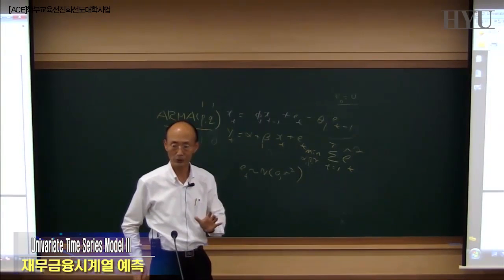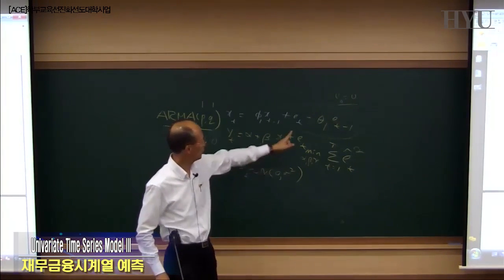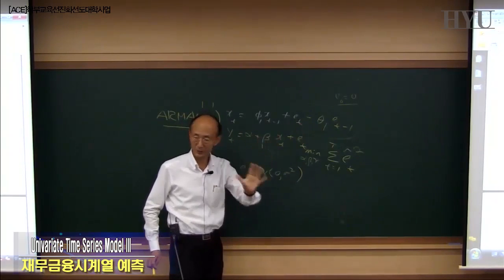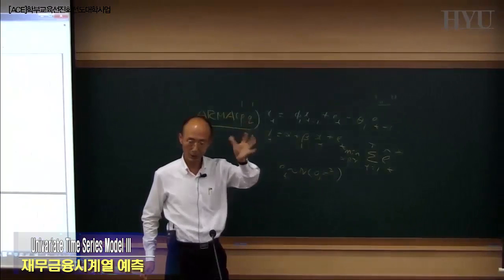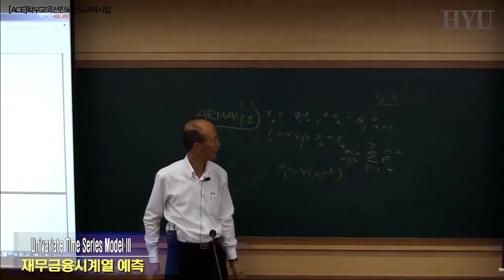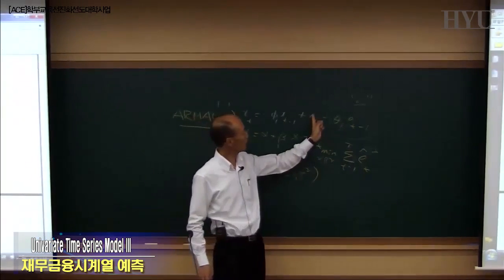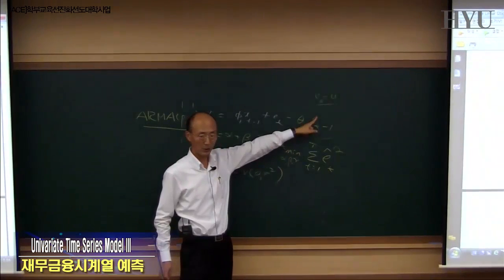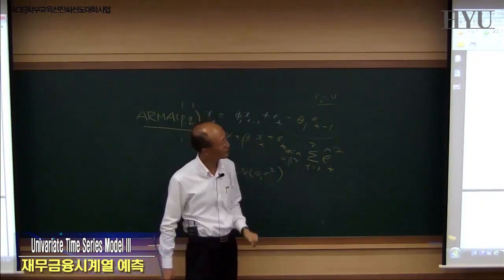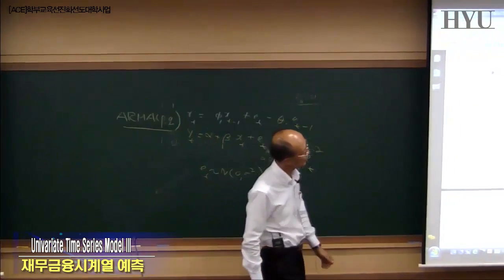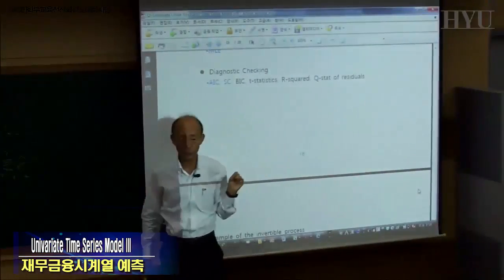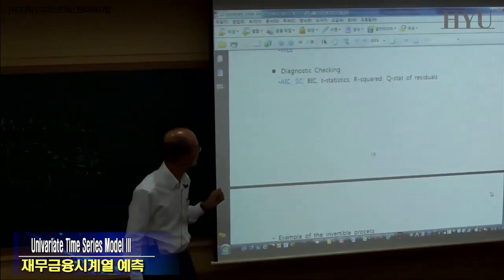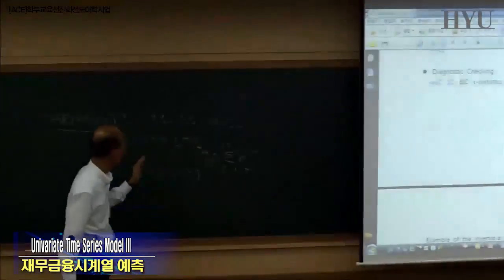Serial correlation. It's like the moving average term is creating, you know, even though the E of t sequence is independent observations, this moving average term will create serial correlation. So this is one way to check whether the model is reasonable.